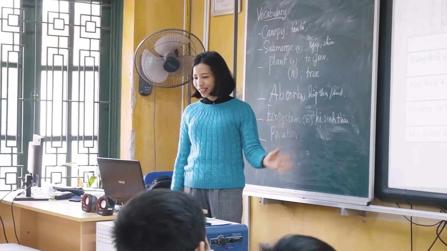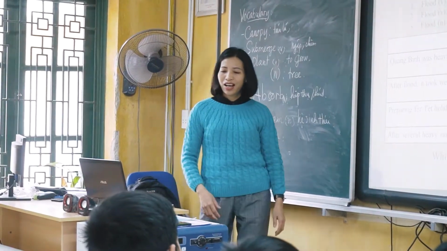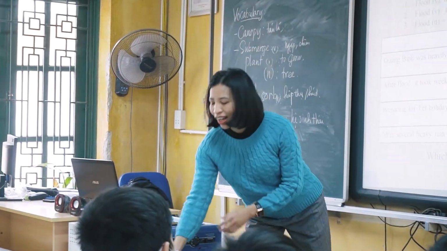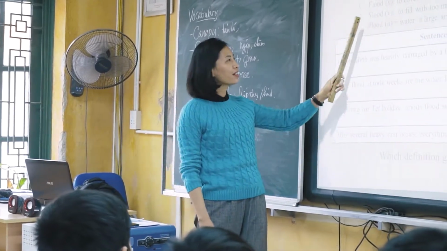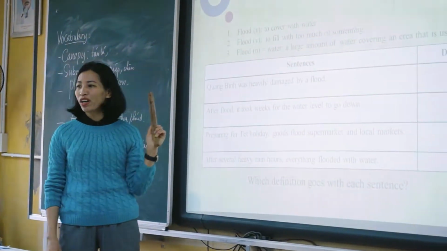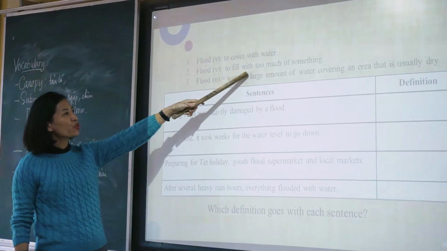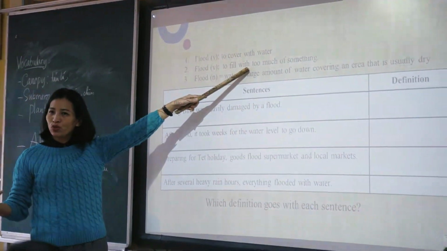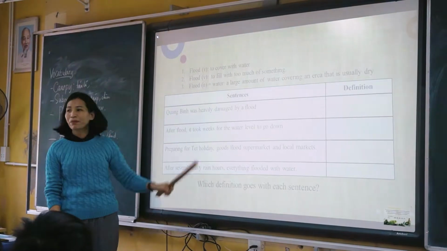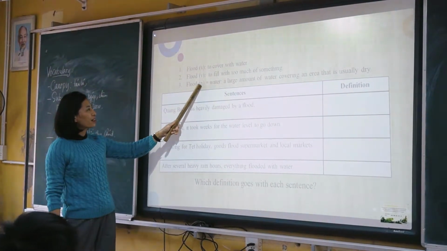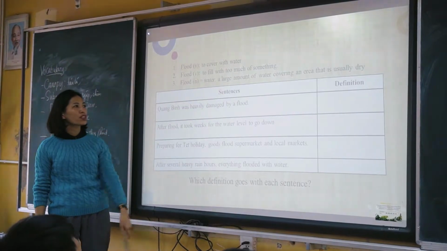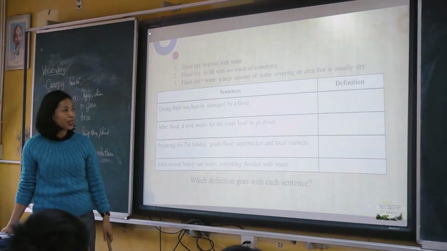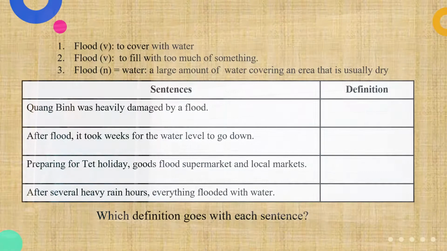And look at the board. You can see the dictionary definition of flood. Flood, to cover with water, or to fill with too much of something. Plus, as a noun, it means a large amount of water covering an area that is usually dry.